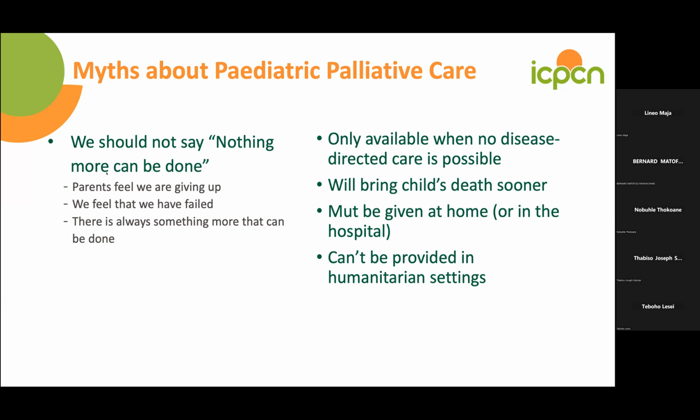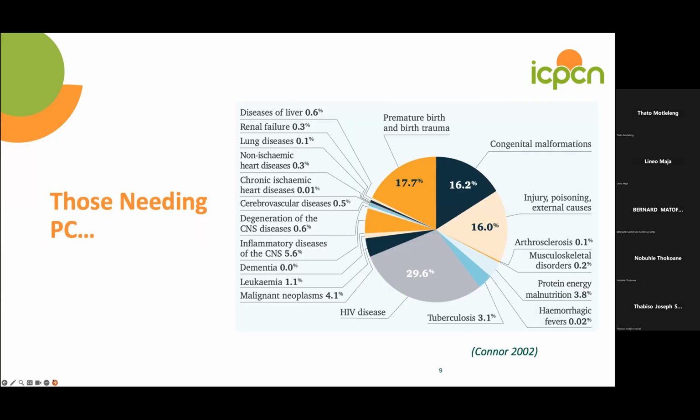Sometimes people think it must be given at home or it must be given in the hospital, whereas in reality, we provide palliative care wherever we find a child and their family. And also we hear that it can't be provided in humanitarian settings, or it can't be provided in low resource settings. And we know that it can. So we know that there are many myths around children's palliative care.